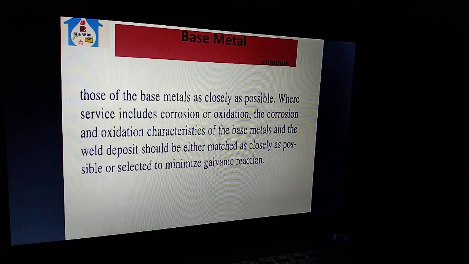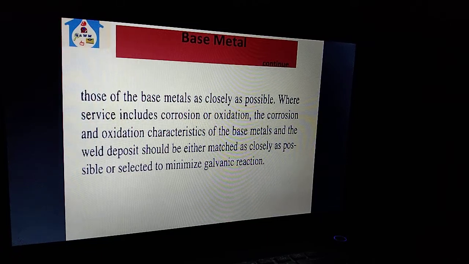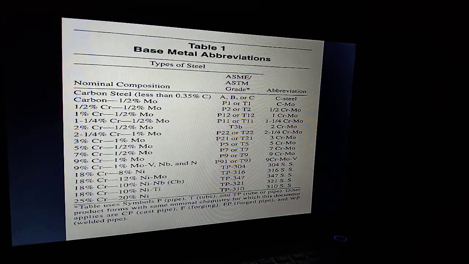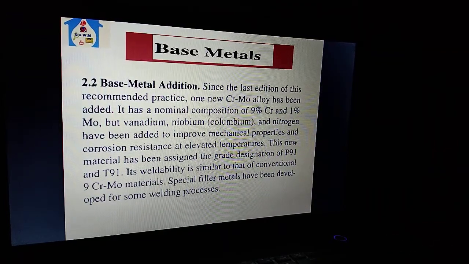Where service includes corrosion or oxidation, the corrosion and oxidation characteristics of the base metals and the weld deposit should be either matched as closely as possible or selected to minimize galvanic reaction. Table 1, base metal abbreviation, base metal addition.